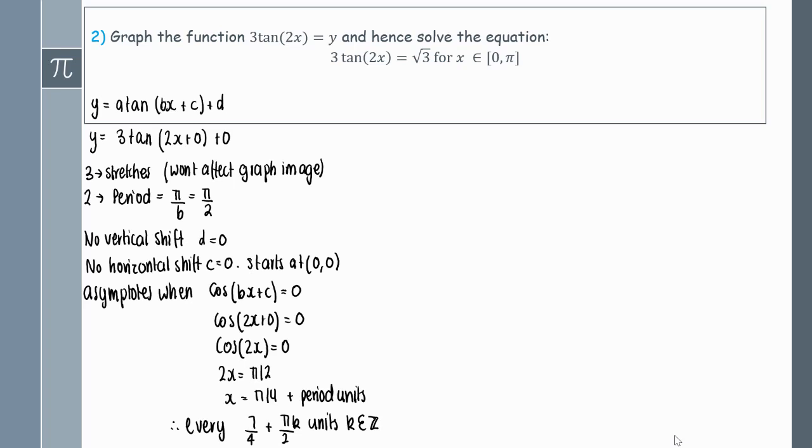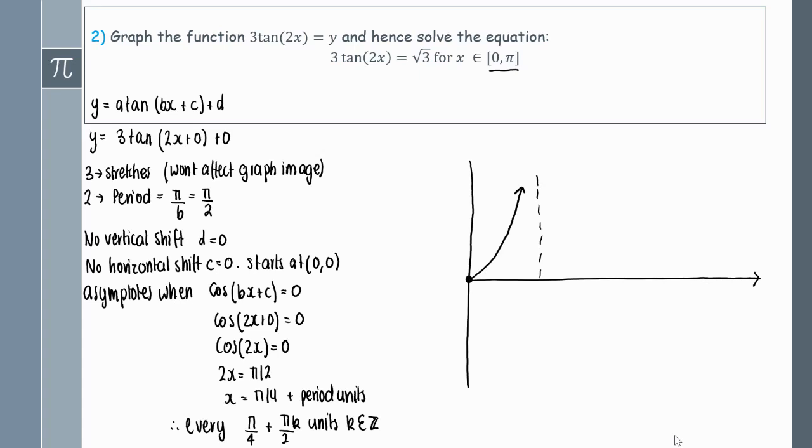So every pi on 4 plus pi on 2 units, there will be an asymptote. Now I think I'm good to draw it. I'm only going to draw it between 0 and pi and see what happens. I'm going to start at 0. I know the starting point is (0, 0). My first asymptote is pi on 4.